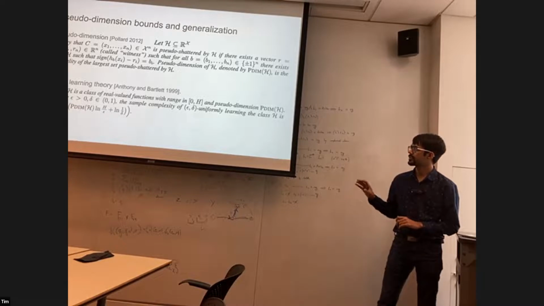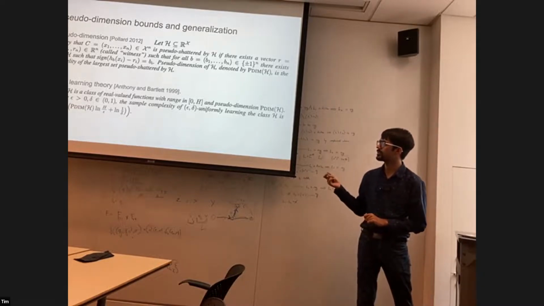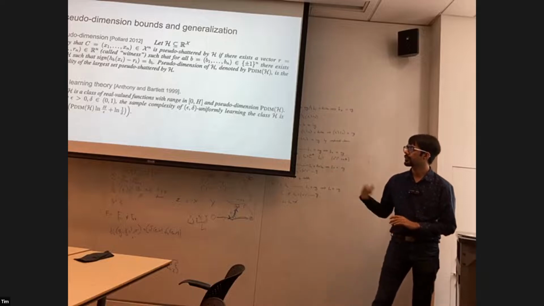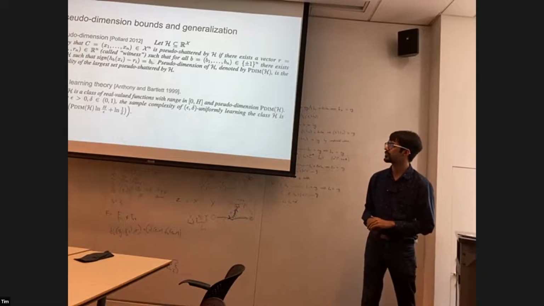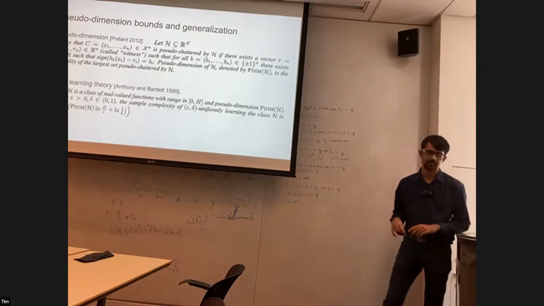Epsilon-delta uniform learning is just saying that with probability at least 1 minus delta, you would be within epsilon of the best possible loss.